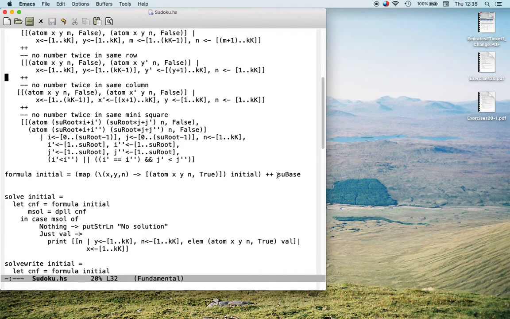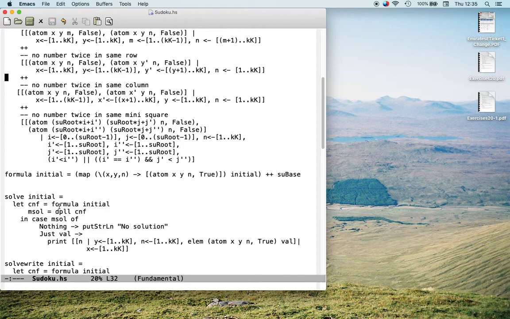We concatenate to that list the unit clauses we get by converting each of our initial data points into the unit clause that expresses that the cell in that particular row and column has the number n. So that is how we convert it to a formula.